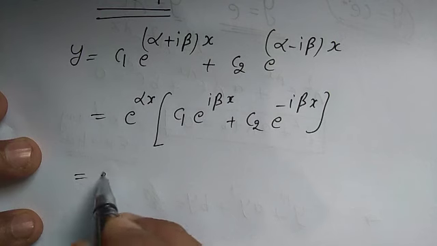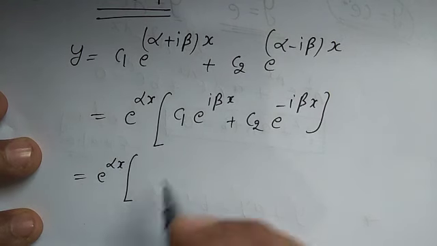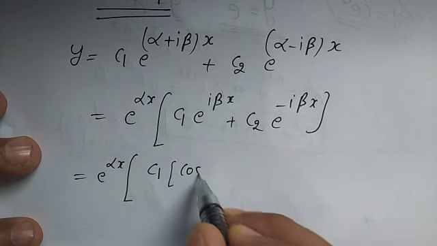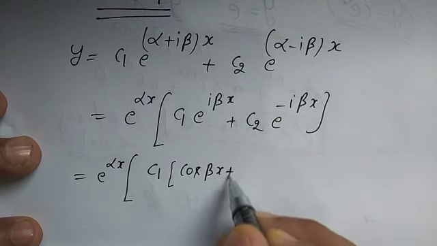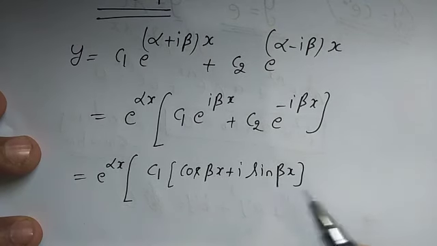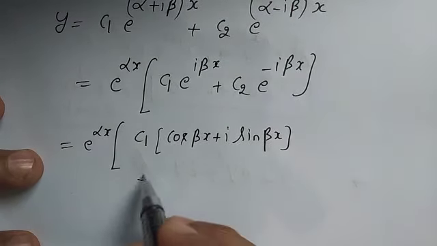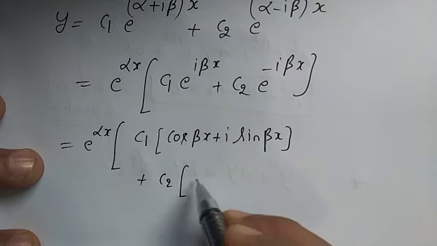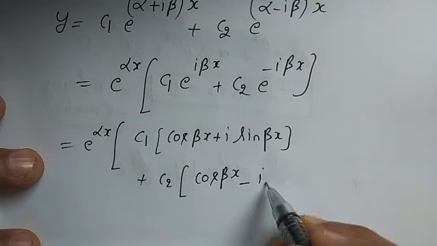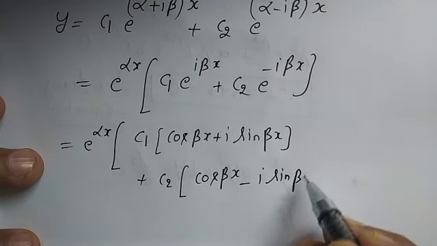So this will be e power alpha x, and we can have c1 (cos beta x plus i sin beta x) plus c2 (cos beta x minus i sin beta x).